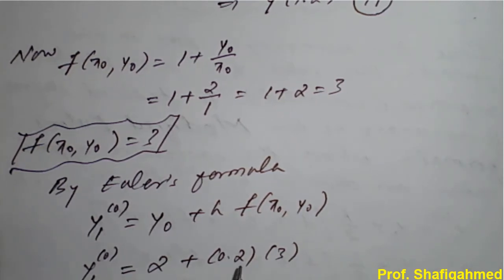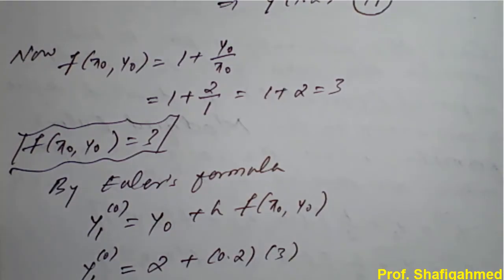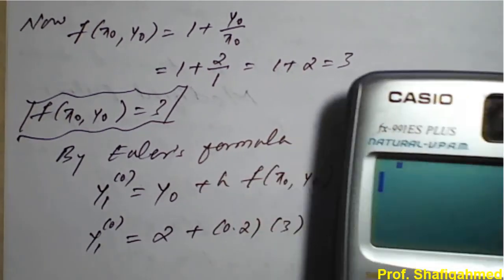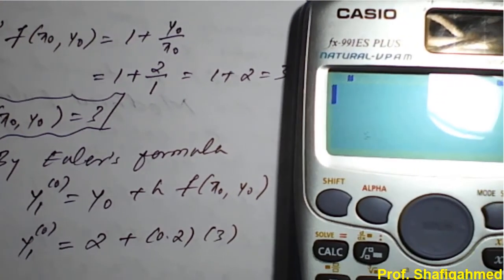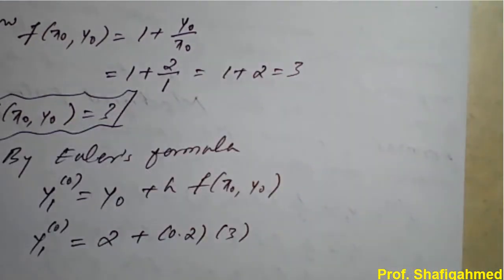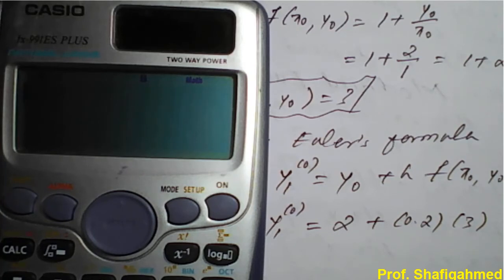So 0.2 into 3, so I will show you here the calculations. So how much we need to type, 2 plus 0.2 into 3.